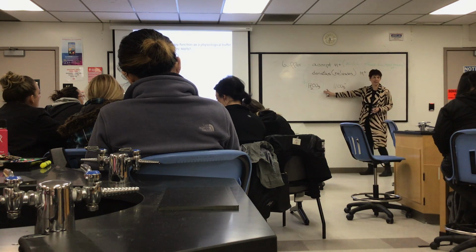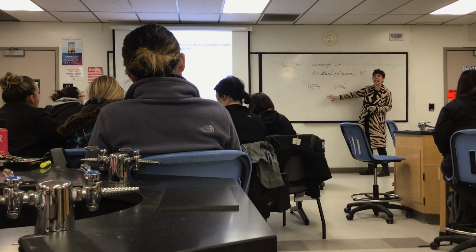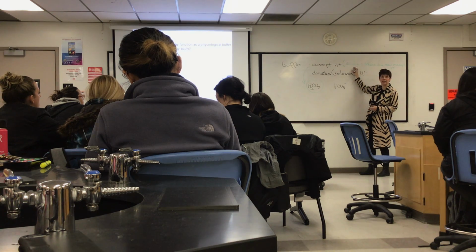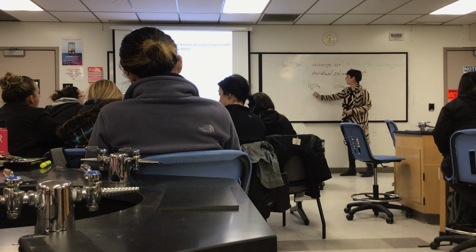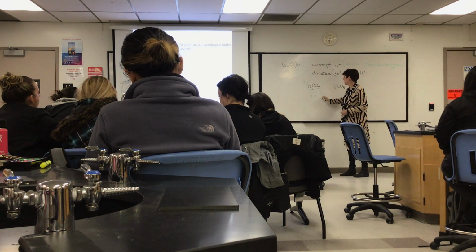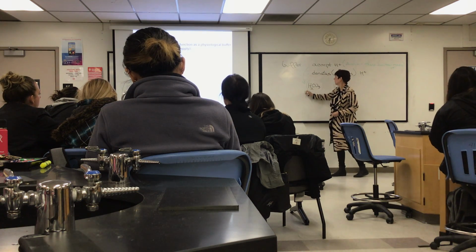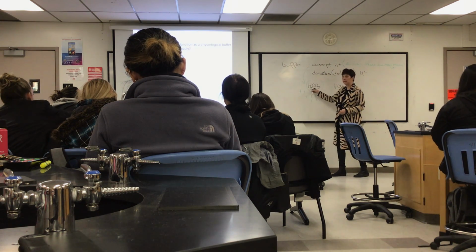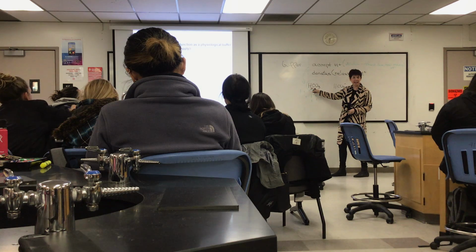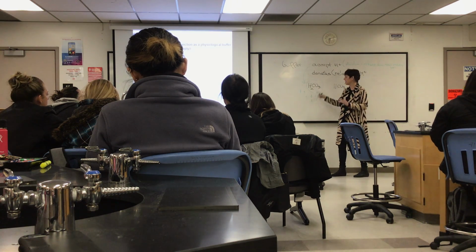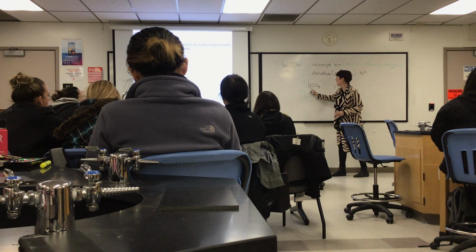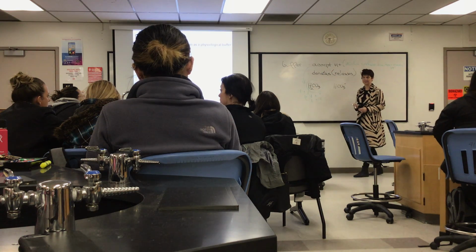Therefore, it's buffered. It's removed one of those hydrogen ions that we have too many of. So if we have lots and lots of hydrogen ions, one of them is going to bind to a bicarbonate ion and convert it to carbonic acid and take one free hydrogen ion out of solution.